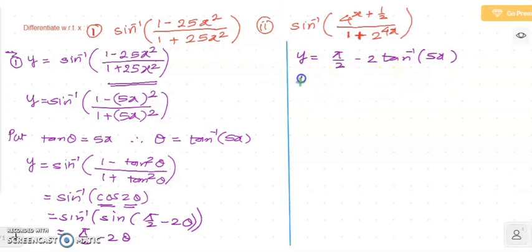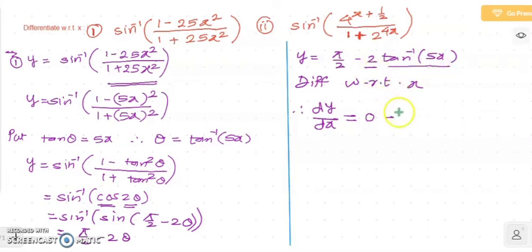Now we shall try to find the derivative of this expression. Differentiating with respect to x, I will get dy by dx equal to the derivative of pi by 2, being a constant, which is 0, minus 2 into the derivative of tan inverse 5x, where 2 is a constant kept out of the differentiation. The derivative of tan inverse 5x is 1 upon 1 plus 5x whole square, which will be 25x square, into d by dx of 5x, which we know how to find.